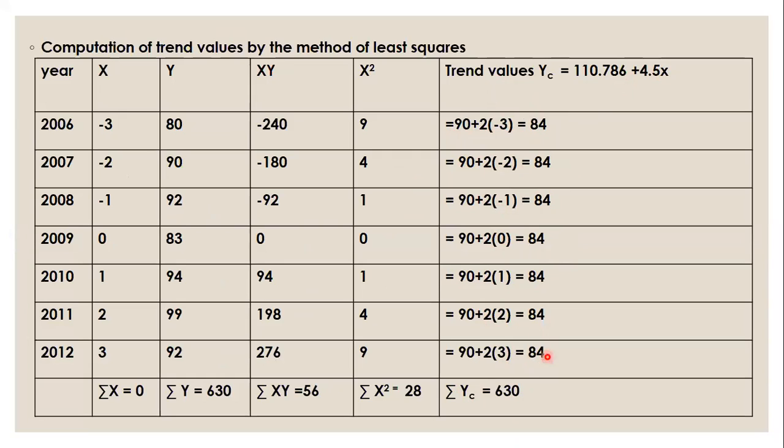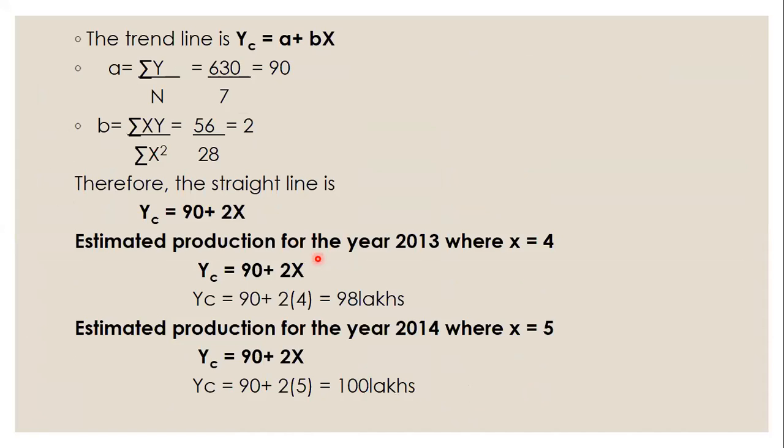Please calculate these values and let me know what are the values there. But the total of Y and the total of the trend value should be same. That is 630. Okay, the total of both of them should be same.